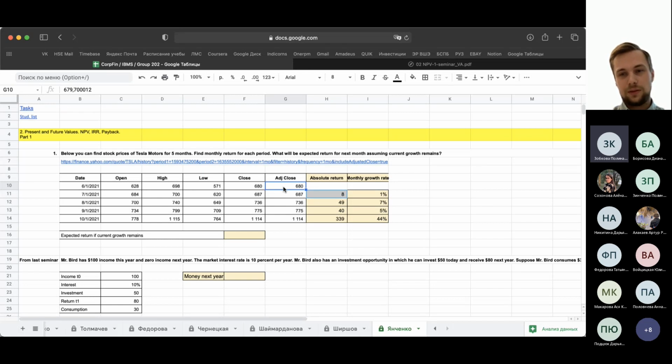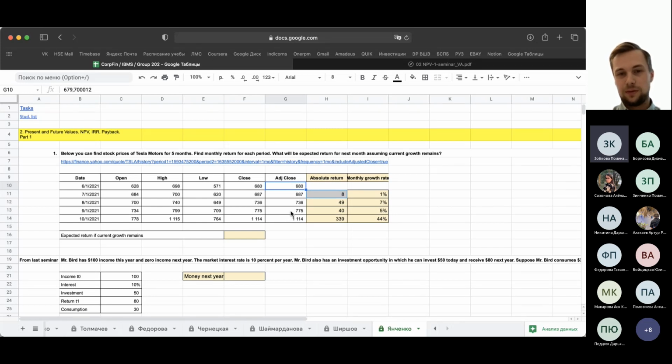Adjusted price is adjusted for some changes in stocks. Sometimes stocks are split in two, for example, and if we split stocks, the price of stocks will be twice lower, for example, and here we will have 340, but in adjusted price we still will have 680, because adjusted price is used for capturing the dynamics of the price.